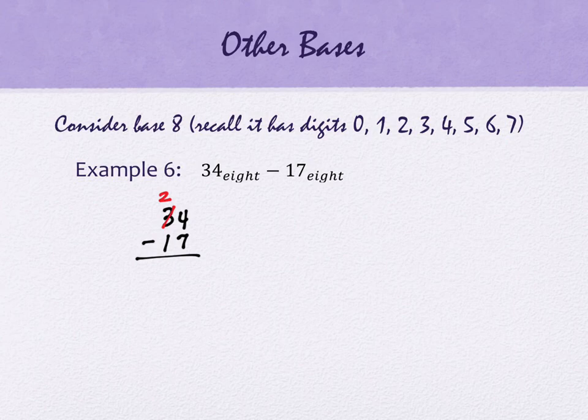So you had 4, and you're combining that with an additional 8. How many do you actually have? 12, right? There's a 12. 12 individual unit objects. 12 minus 7 would be 5, and then 2 minus 1 would be 1. And this is base 8. So this is 15 base 8.